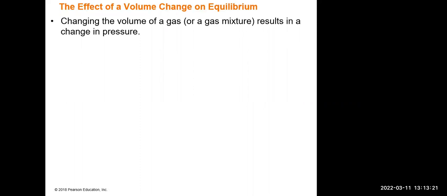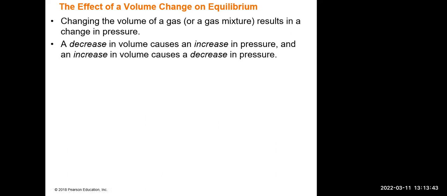Now, there are some other disturbances. One other disturbance is the change in the volume of the reaction, if the reaction has gas. So changing the volume of a gas or a gas mixture results in a change in pressure. We have to know how that's related. A decrease in volume causes an increase in pressure.